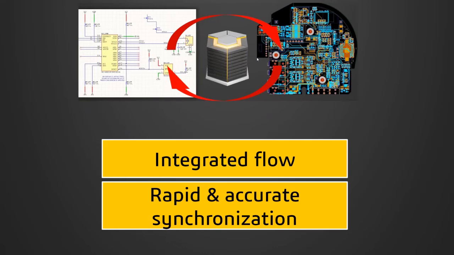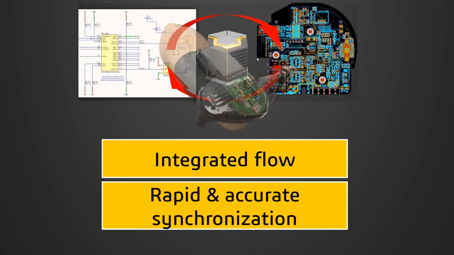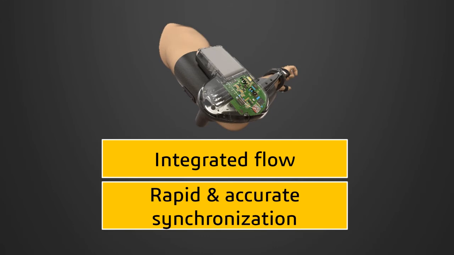SOLIDWORKS PCB is an integrated flow. It has rapid and accurate synchronization, including the supply chain management portion. This integrated flow, rapid and accurate synchronization continues on and through to the final product.